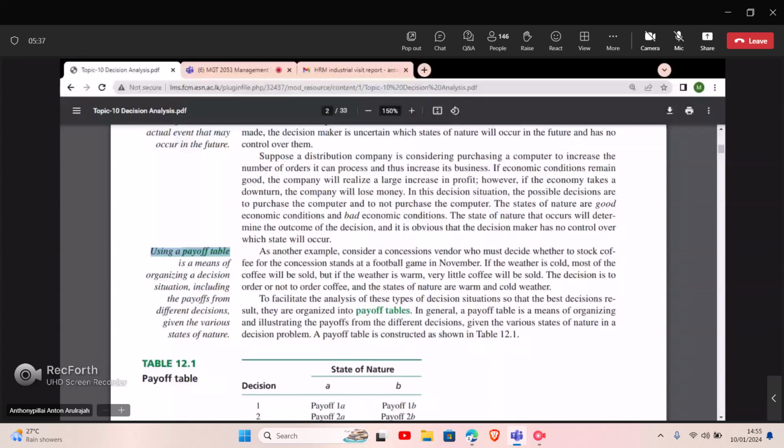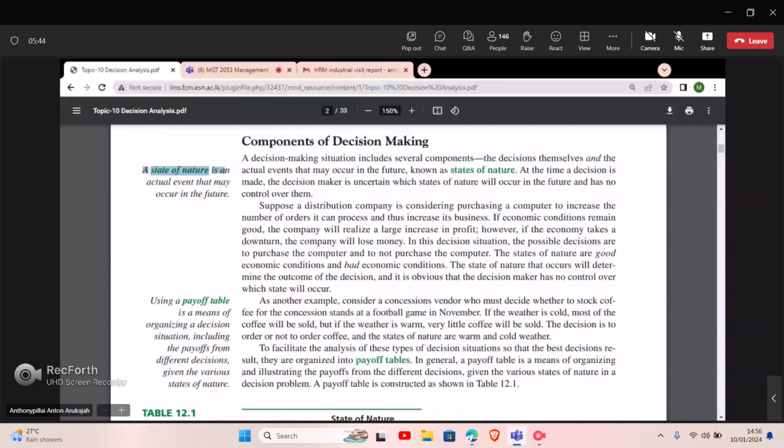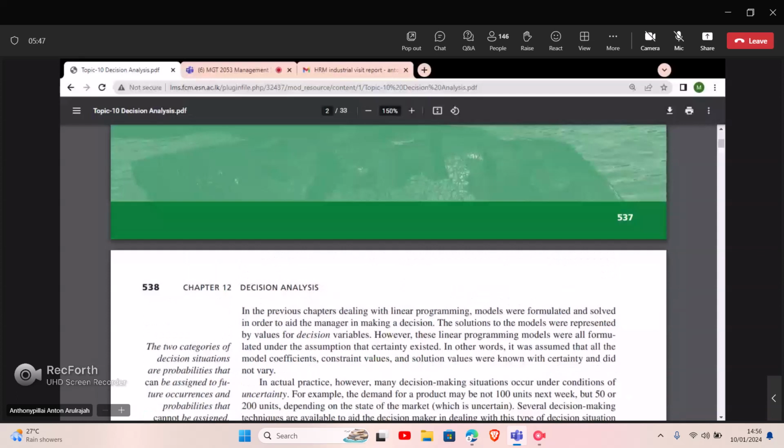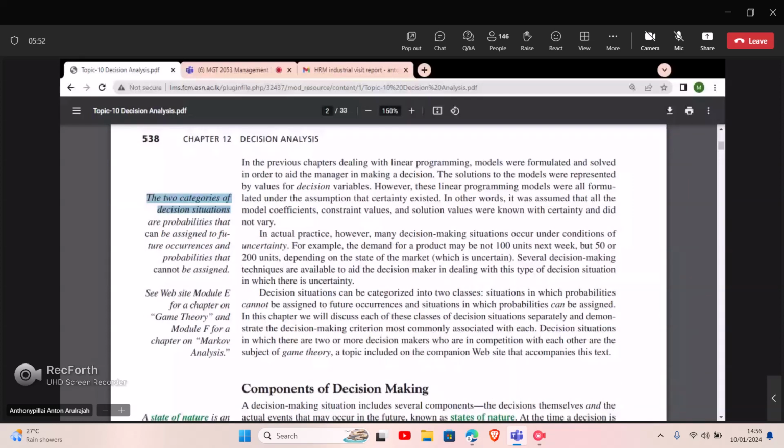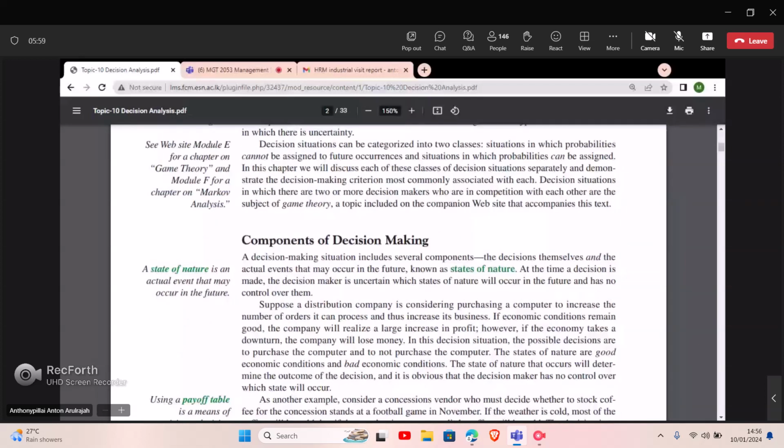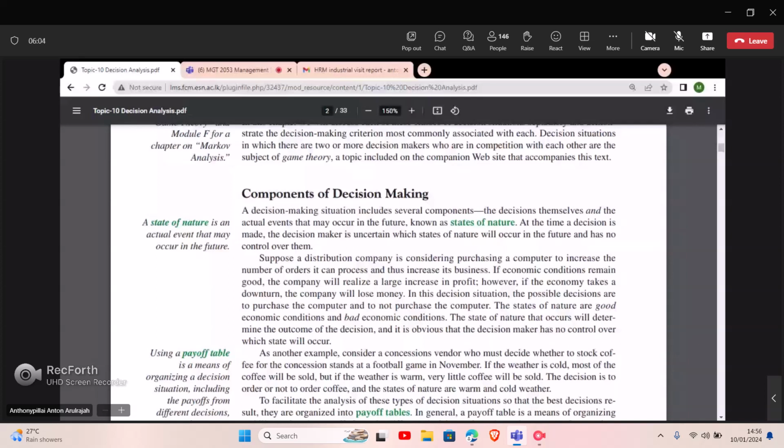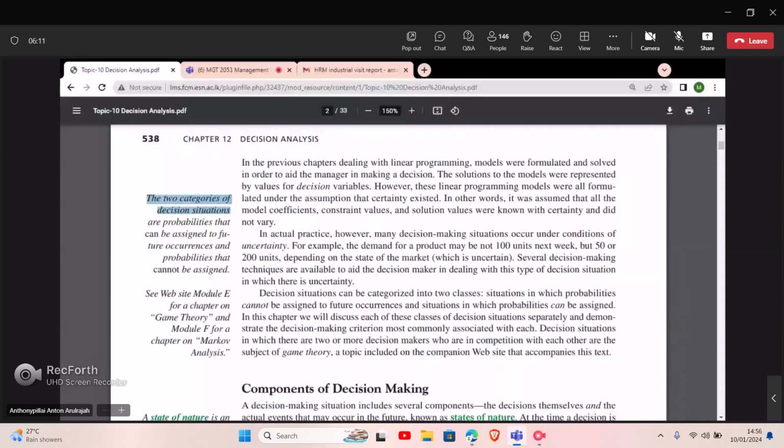The state of nature, the payoff table, and the categories of decision situations are very important here. If we don't understand these terminologies properly, we cannot understand the rest of the chapter. So keep in mind that the decision situations are two. For some events, we can assign the probability; we can say what percentage will happen.